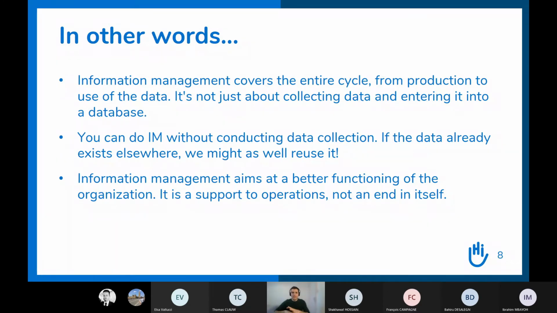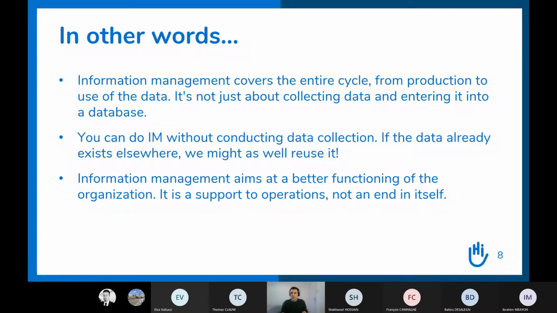So really it's a complete view. It's not only the step about the collection, but it's really from the design until the use and the sharing of the data.